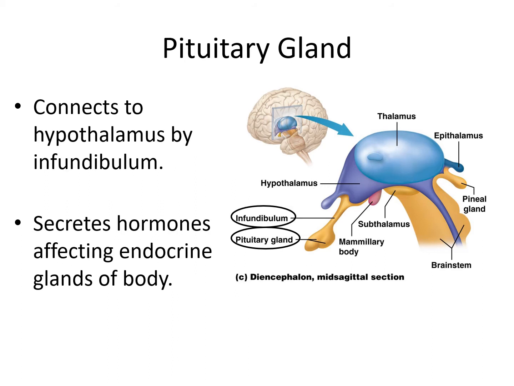And the pituitary gland is also an endocrine organ that secretes hormones that affect the rest of the other glands of the body to secrete their hormones. So we're going to talk a little bit more about the pituitary gland and the hypothalamus in the lecture on the endocrine system. For right now, we're just trying to show its relationship with the thalamus and that it's part of the diencephalon.